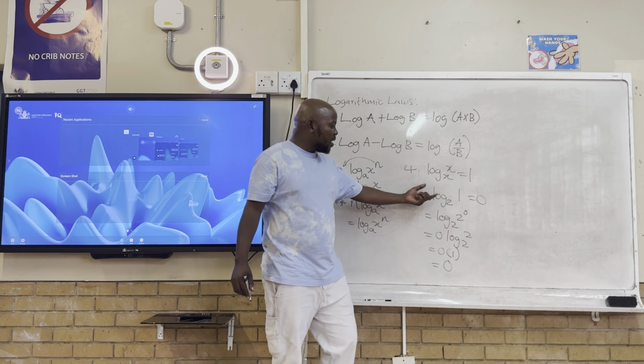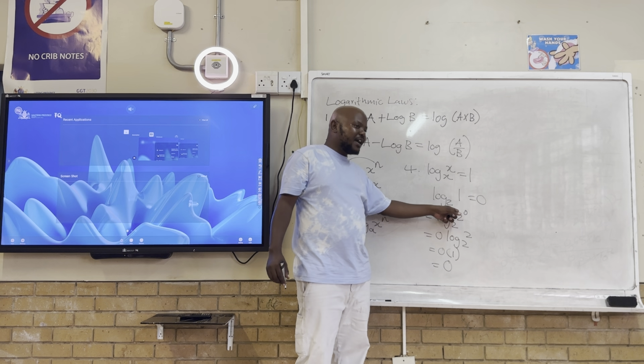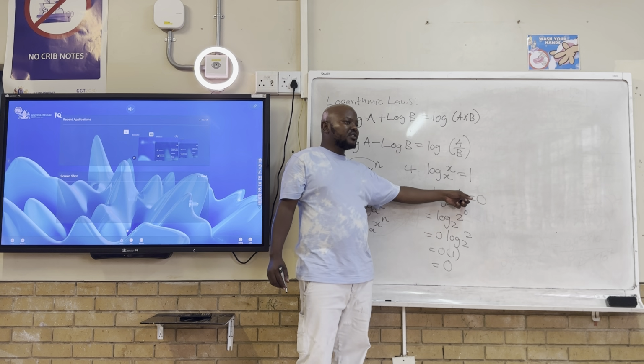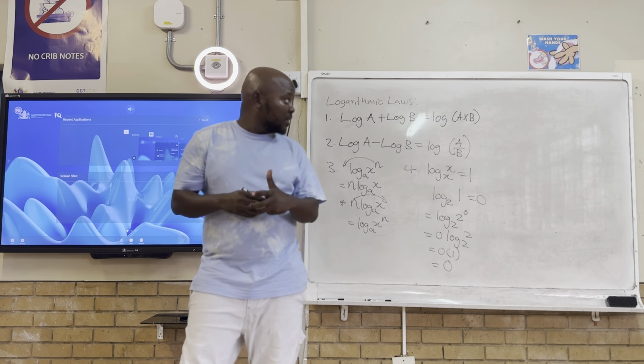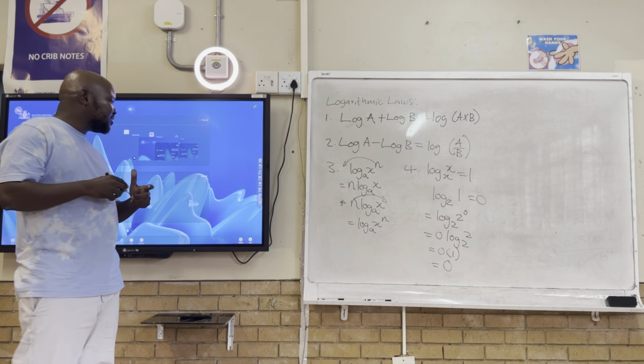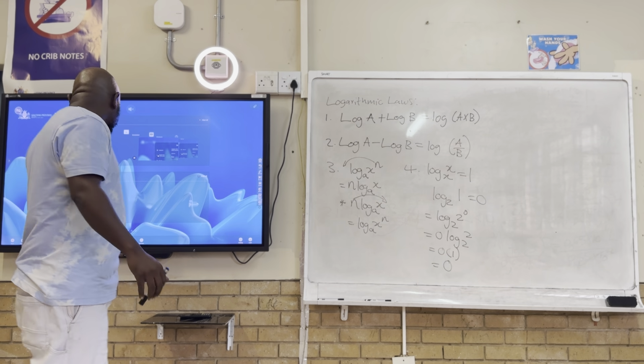So if we have a logarithm of base 2 or 5 and 1, that will result in 0. Are we together? So now let's attempt. Those are the logarithmic laws that we need for logs now.